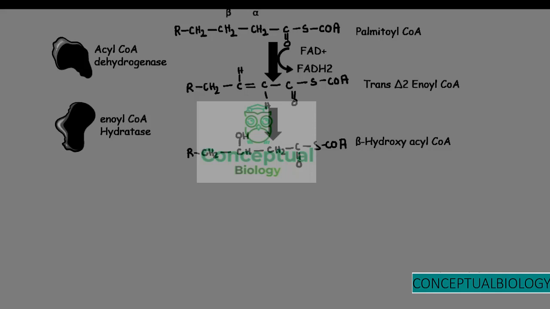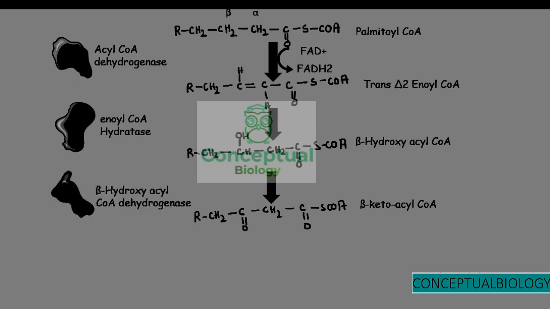Later on, I'll tell you what these FADH2 and NADH are used for. Then, beta-hydroxy acyl-CoA gets converted to beta-keto-acyl-CoA, where the beta carbon now has a carbonyl group, which is an even more oxidized version than an alcohol, right?